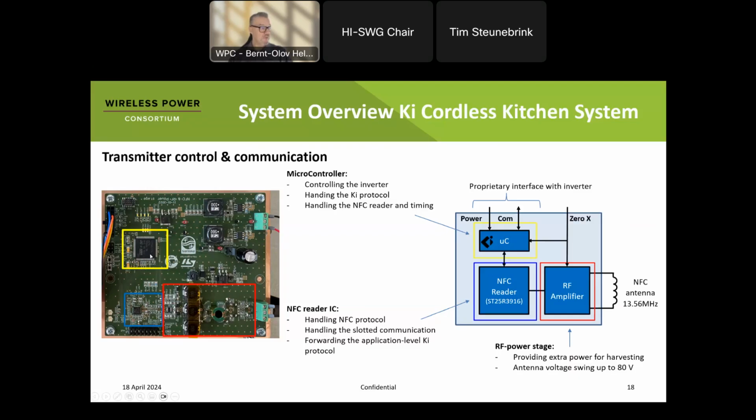Then we have the microcontroller doing all the authentication and the rest. The rest of the electronics is supporting, so it could be part of the rest of the induction hob. This is just a development kit, and therefore there is more electronics there, just to indicate the size. So generally speaking, it's not much that is required.